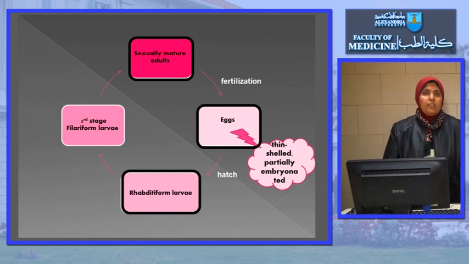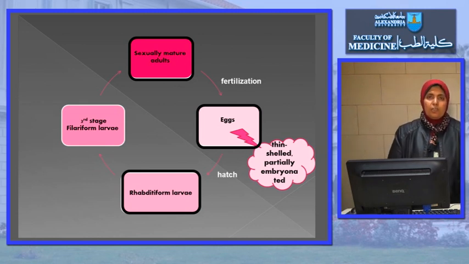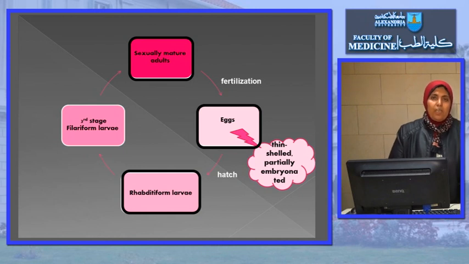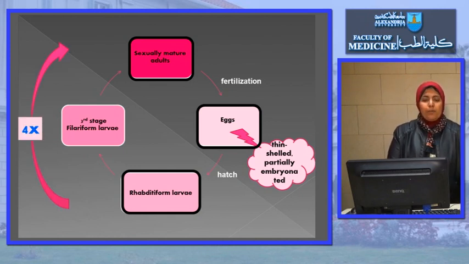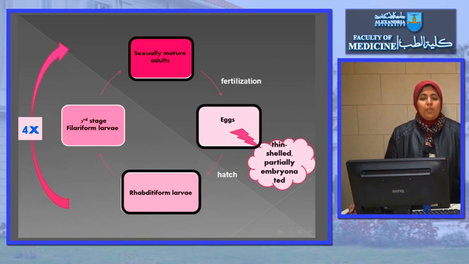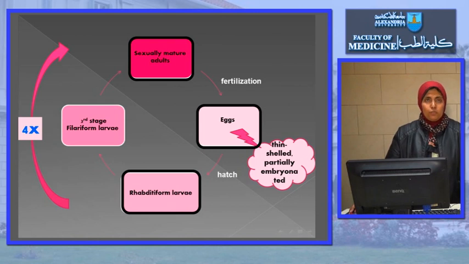Rhabditiform larvae need to molt in order to continue the life cycle. It is dependent on the environmental factors and the number of molting. If environmental factors are appropriate, it will molt 4 times in order to generate the mature adults. That's why in the free living form, rhabditiform larvae can directly change into mature adults by molting 4 times.